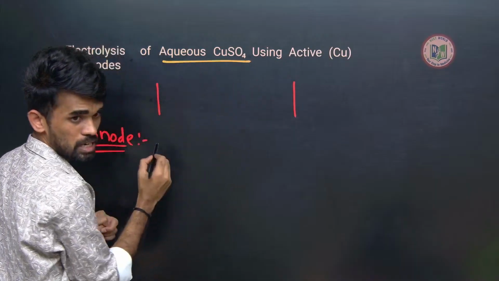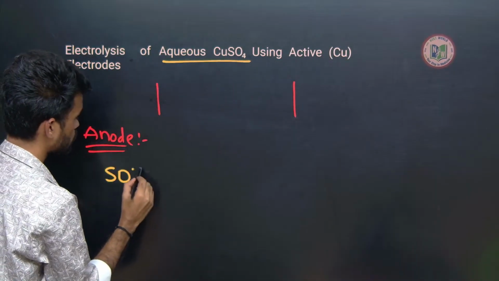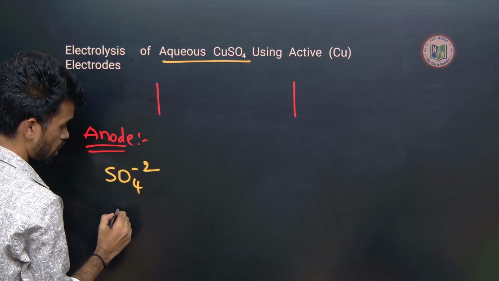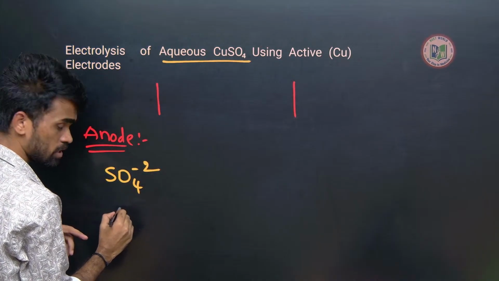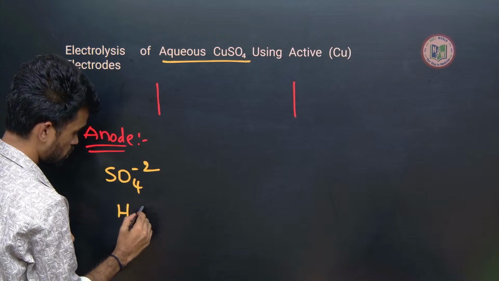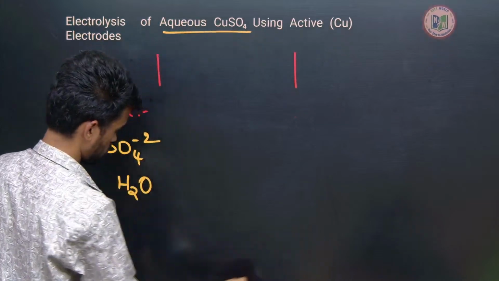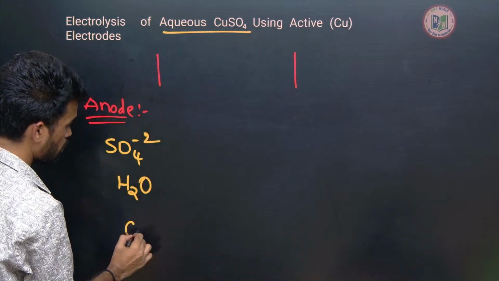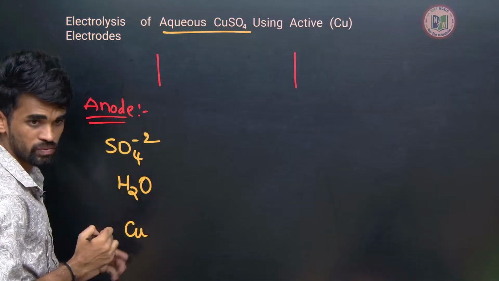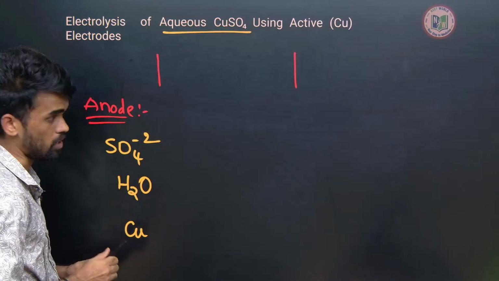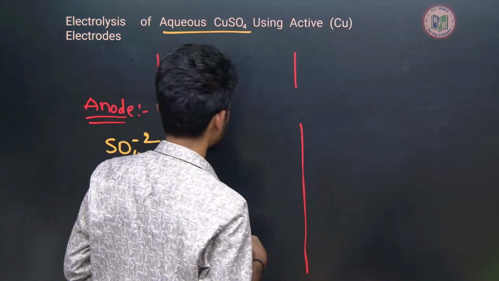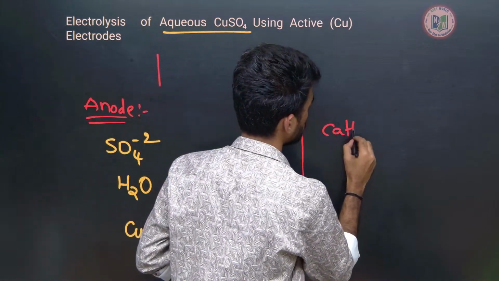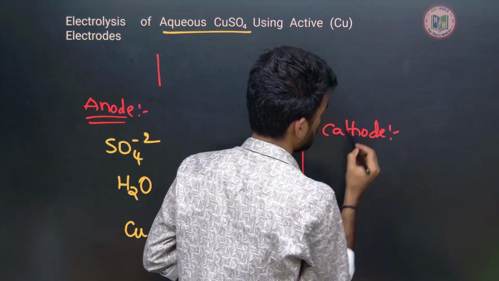From aqueous copper sulfate, sulfate ion we have, OH minus ion from water, and the copper electrode also we have. These are the things we have at the anode. So what are the things at the cathode? Tell me fast.